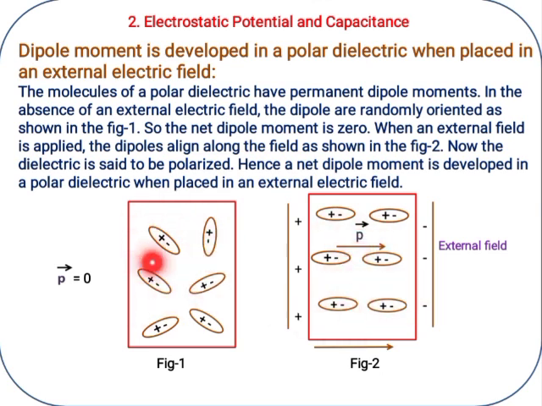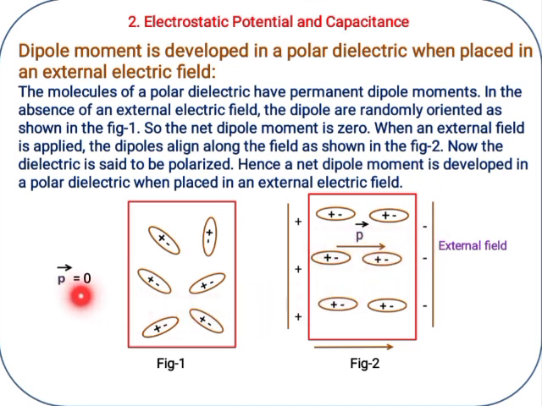Suppose we apply the electric field to these dipoles, then they orient themselves in a systematic manner. Here there is no electric field. For the same dipoles, if we apply the external electric field, they orient in a systematic manner. This is due to the external electric field, and this arrow shows the direction of the electric field. Here the positive and negative charges show the electric field, and P is the notation for the dipole moment, and this is the direction of the dipole moment.